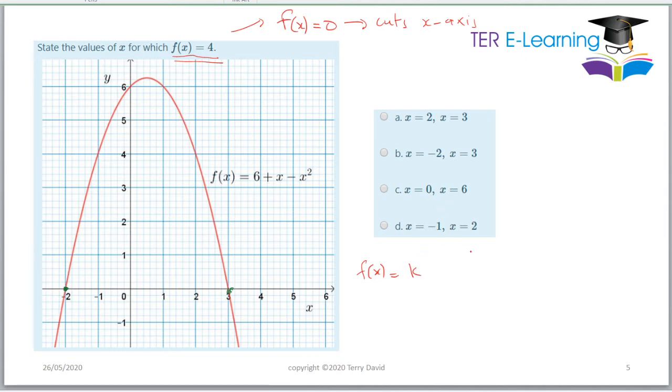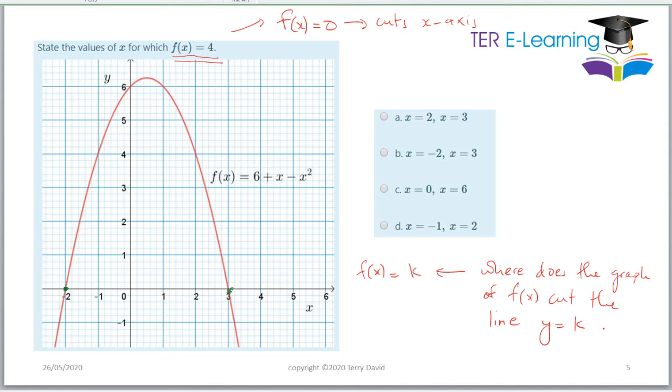What you are trying to find here is, so this is what this means: where does the graph of f of x cut the line y equal to k? That is what that means.